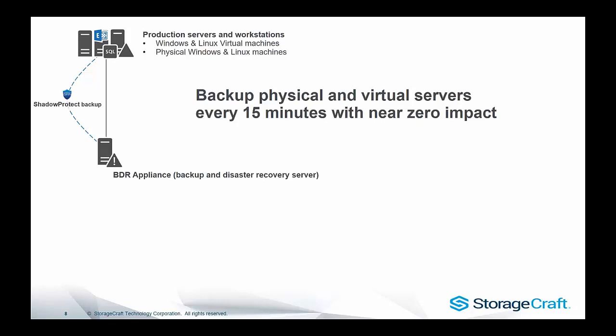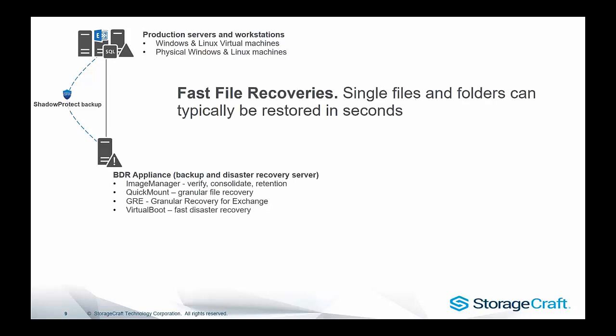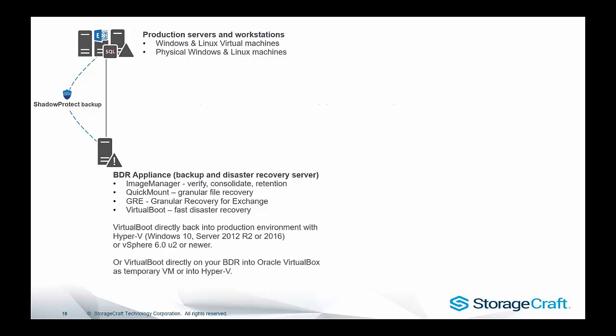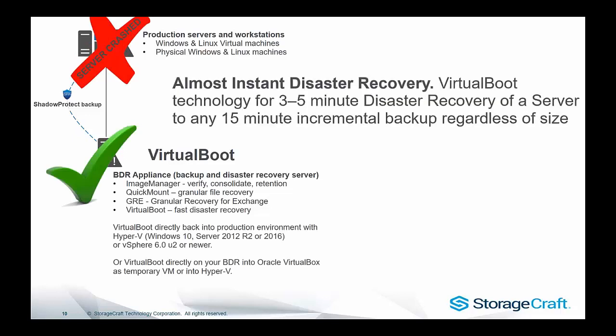Ideally, we're going to back up to a dedicated backup and disaster recovery service. So this would just be a Windows-based server. This would run our included for free image manager software that performs verification, consolidation, and retention. This is where you can perform file and folder recovery, granular recovery for Exchange, but also VirtualBoot. So with any ShadowProtect backup, where something goes wrong, we can instantly virtualize it into a VM.